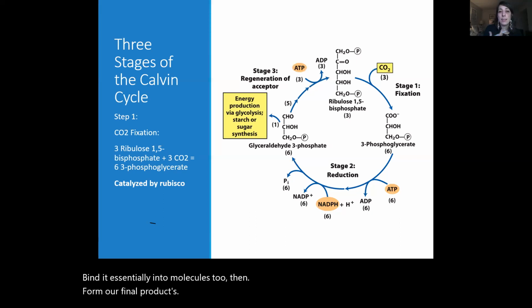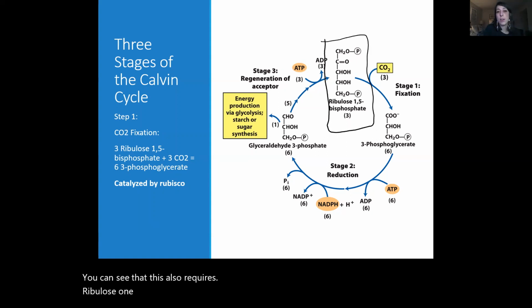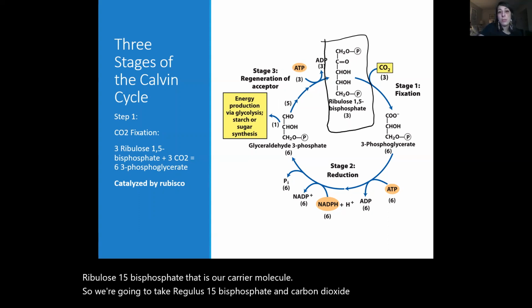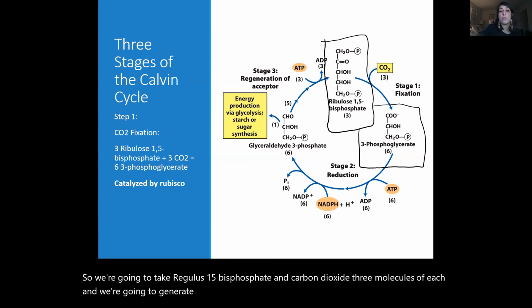You can see that this also requires ribulose 1,5-bisphosphate. That is our carrier molecule. So we're going to take ribulose 1,5-bisphosphate and carbon dioxide, 3 molecules of each, and we're going to generate 6 of this molecule called 3-phosphoglycerate.